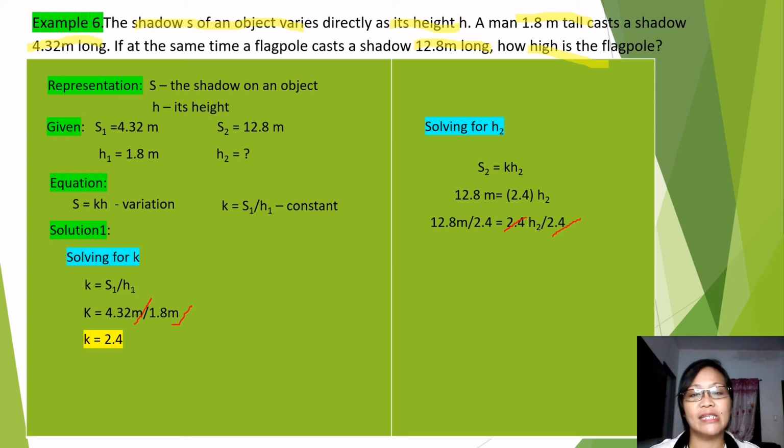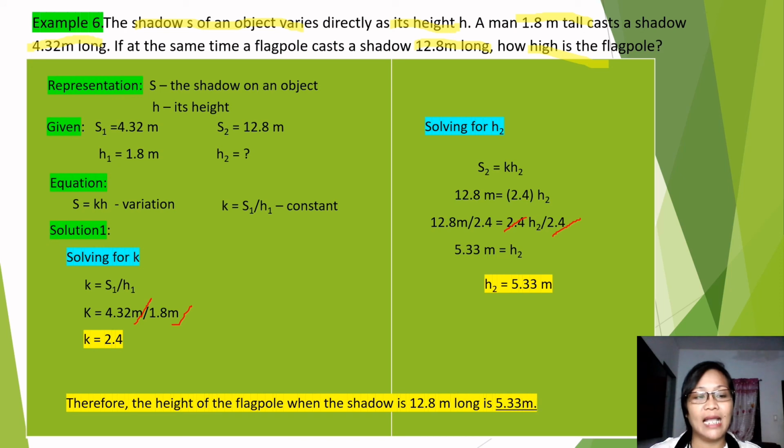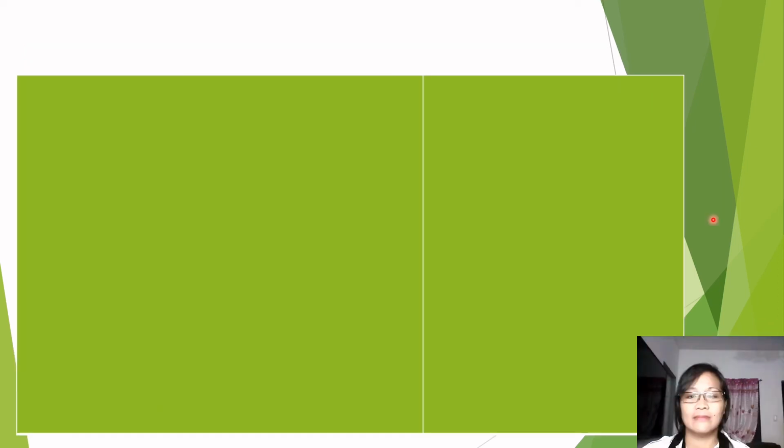Therefore, we have H sub 2 is equal to 12.8 meter divided by 2.4. We have 5.33 meter. Therefore, our H sub 2 is 5.33 meter. Therefore, the height of the flagpole when the shadow is 12.8 meter long is 5.33 meter.